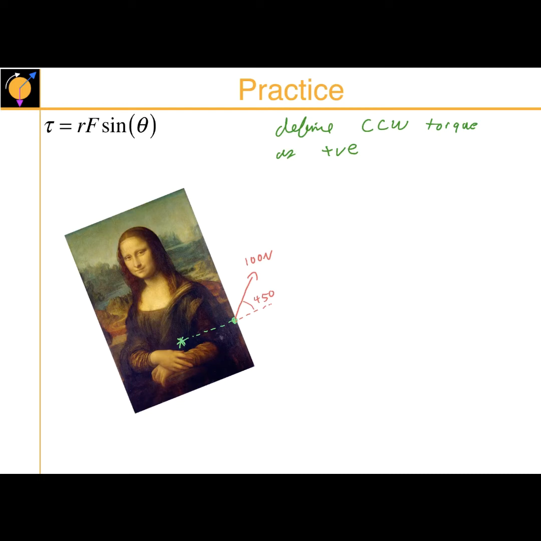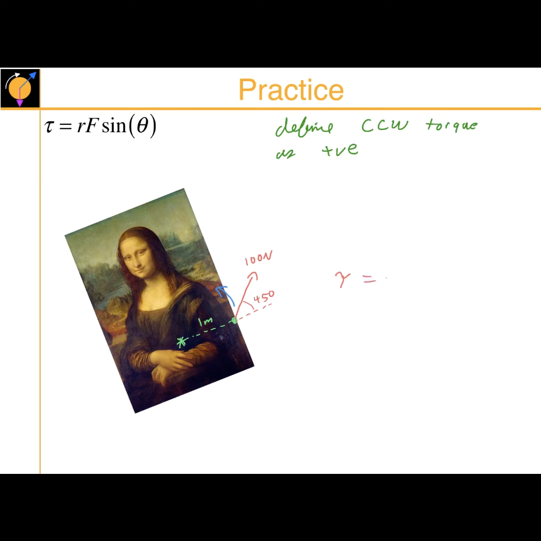So here we have 100 Newton force applied a certain distance from the Mona Lisa's hand, I guess. And so let's call this 1 meter. I don't think the Mona Lisa is that big, but let's not worry about that. So we can calculate the torque, and you notice that this torque here would try to make it rotate counterclockwise. So we're going to make this a positive torque, right?